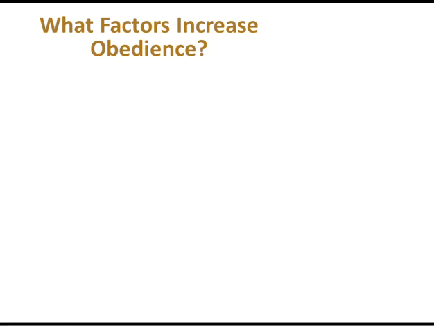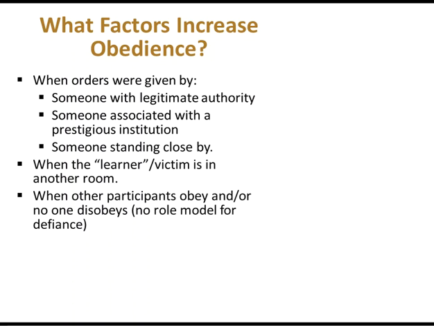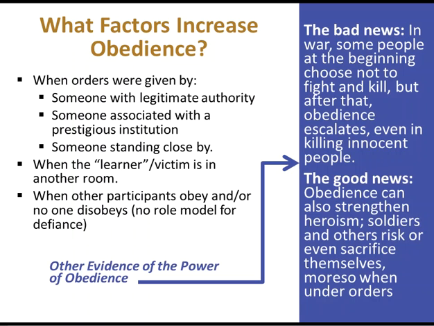So, what factors increased obedience? When orders were given by someone with legitimate authority, someone associated with a prestigious institution, and someone standing close by. When the learner slash victim is in another room, when other participants obey and or no one disobeys, meaning there's no role model for defiance, and other evidence of the power of obedience.